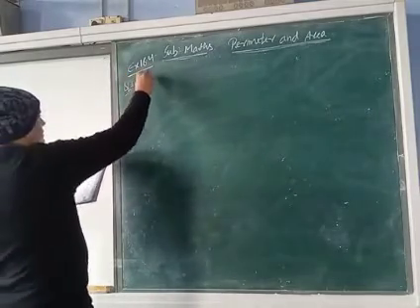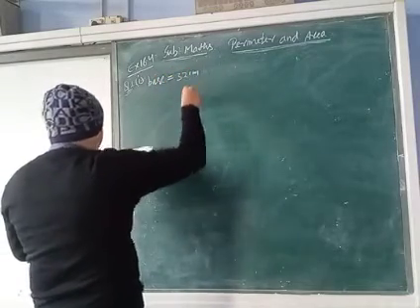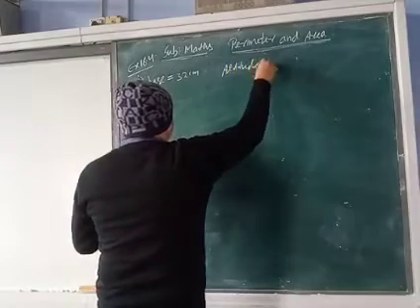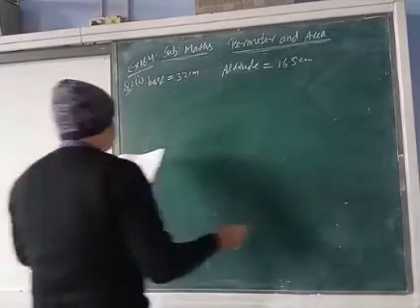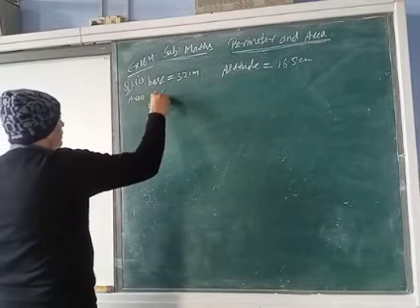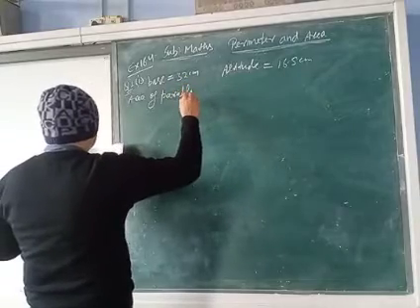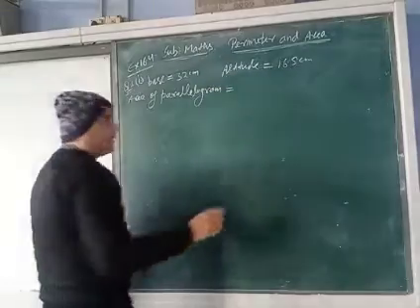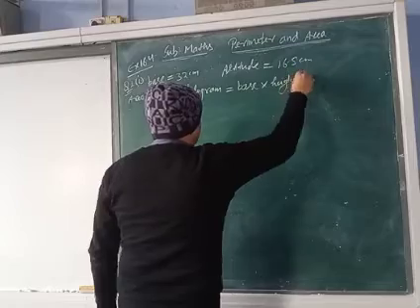base is 32 centimeter and altitude is 16.5 centimeter. Now you know the area of a parallelogram is base into height, base multiplied by height.